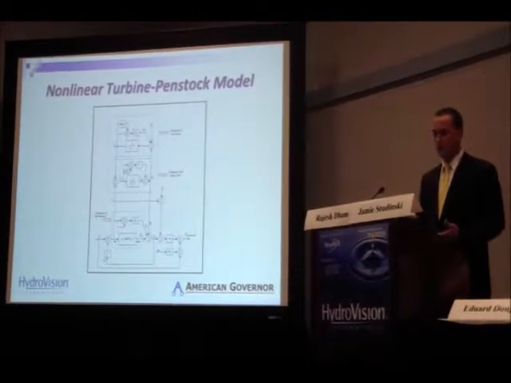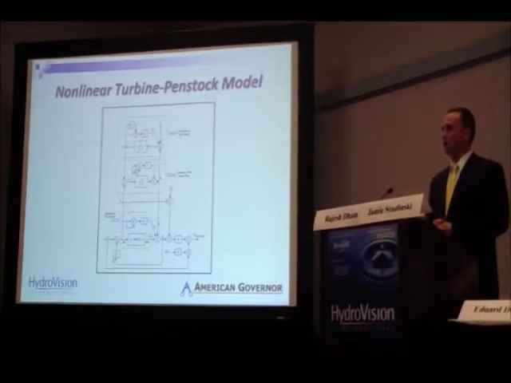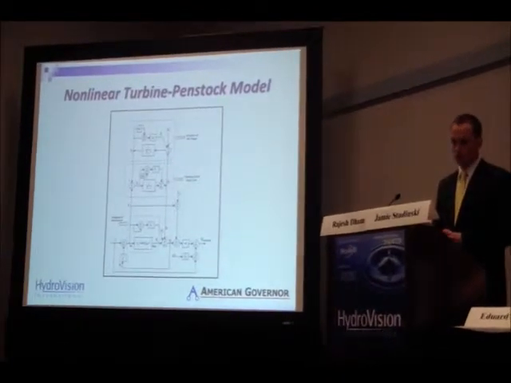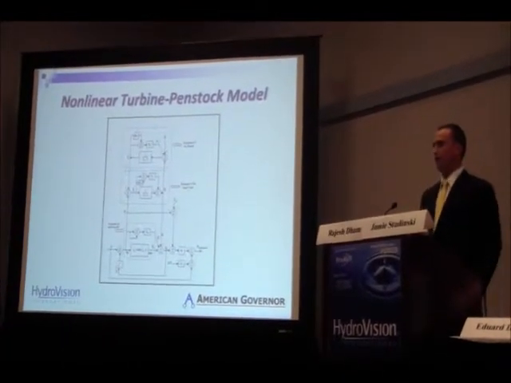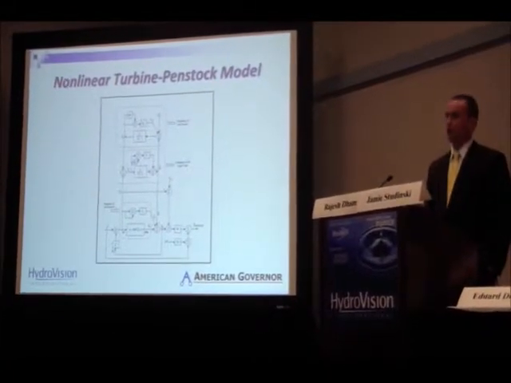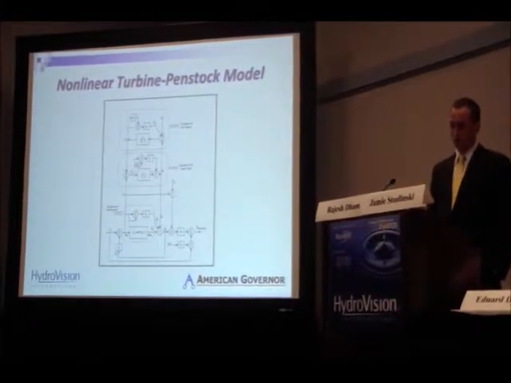So in selecting the model, American Governor went through a series of research papers and was able to uncover a fairly effective model by Oscar Daniel Quiroga, who is a doctoral candidate. He developed this model to account for, as we say, a surge tank and some of the other hydrological effects.